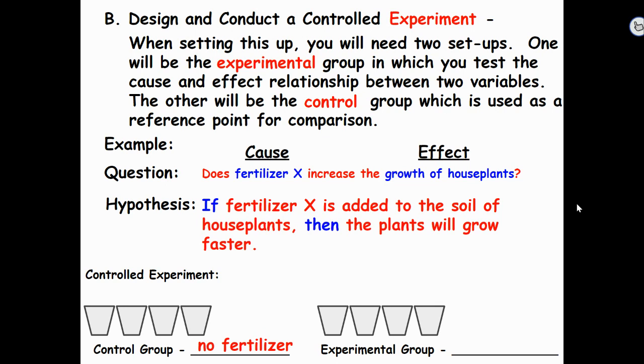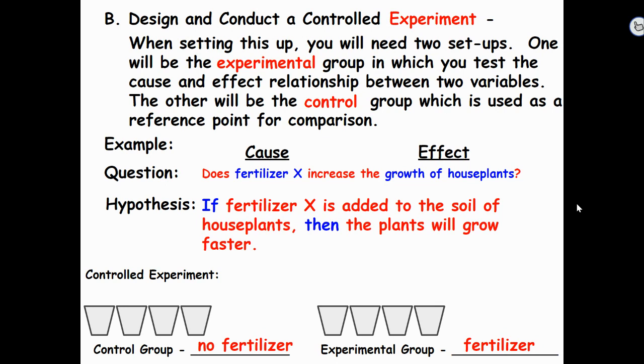So we've got a bunch of different pots with the same plant, right? We want to make sure that our conditions are the same if possible, right? So we've got the control group where we don't use any fertilizer, and we've got the experimental group that we use fertilizer on. So again, we have to have two setups because if they both end up growing the same amount, we can say there was no effect.